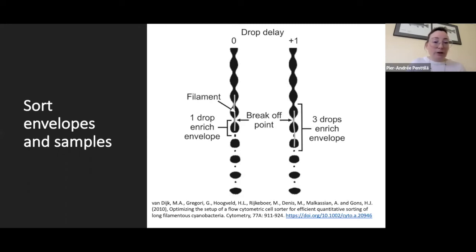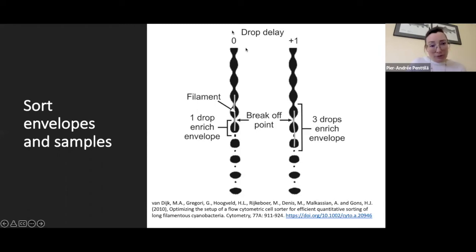This is a very interesting example because these are long filamentous bacteria and not the typical kind of round cell particle that would nicely fit inside a drop. The purpose of this paper was to try to find the optimal nozzle and pressure size, as well as the drop envelopes that would be ideal in sorting these very long filamentous bacteria.